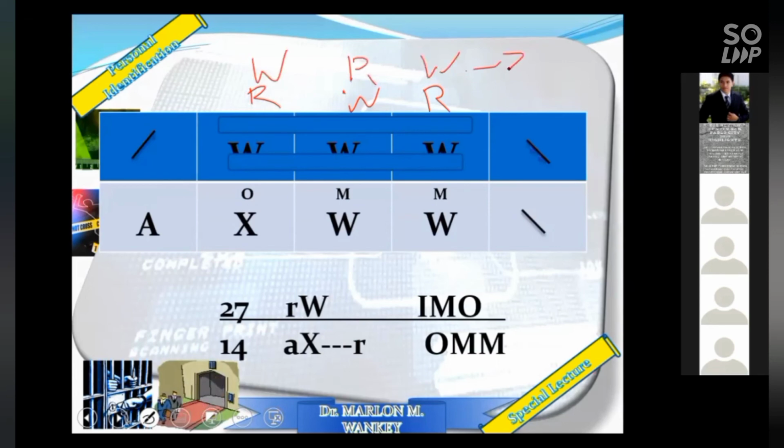Ang tawag natin dito is second sub-secondary classification. Ibig sabihin, second assumption mo. Siguro, kasi dalawa yung siguro mo. Siguro radial, siguro whorl. Okay, so it is placed.